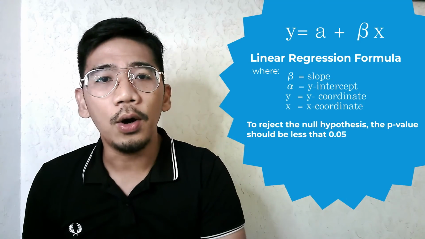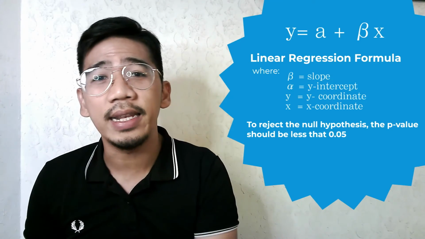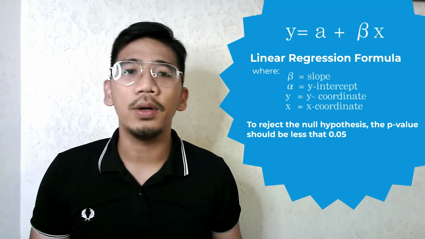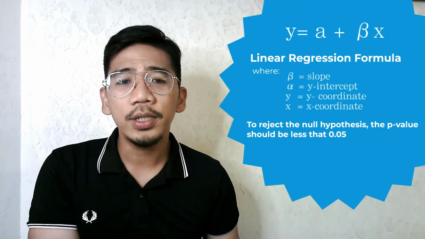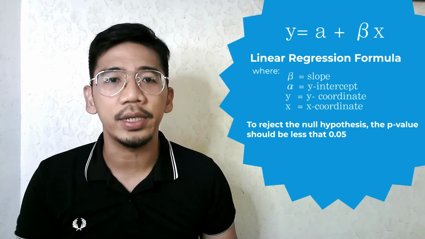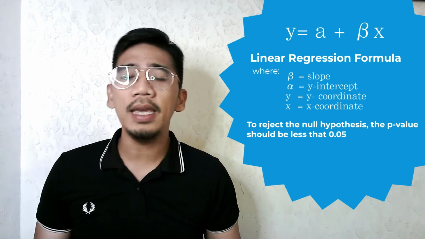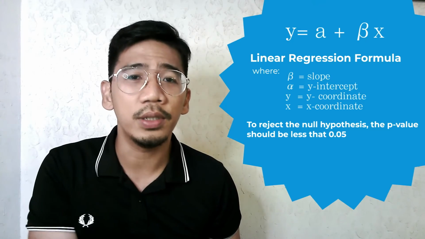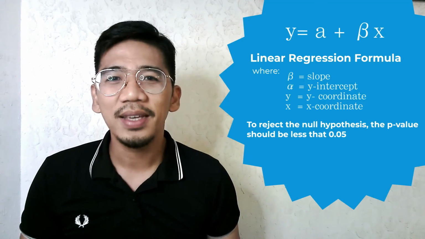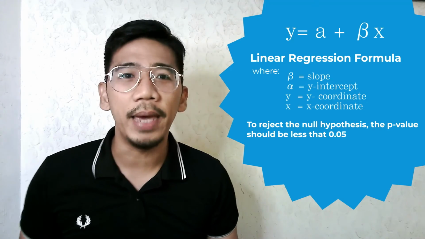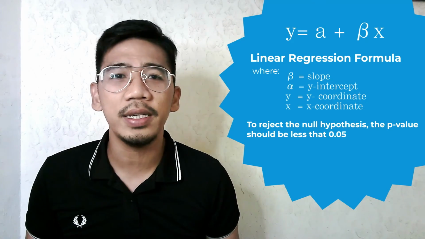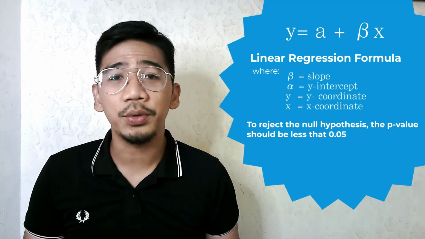The slope of the line is B and A is the intercept, or the value of Y when X is 0. So to reject the null hypothesis, the p-value should be less than 0.05.